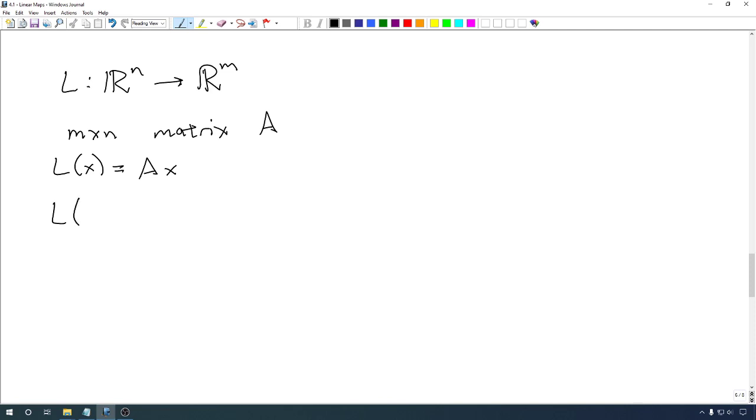So we can easily test that. If we take L of a linear combination of vectors, that just means that we take A times that linear combination. We can go ahead and then distribute A. We have those rules of multiplication for matrices. And we can go ahead and pull out the scalars in front.